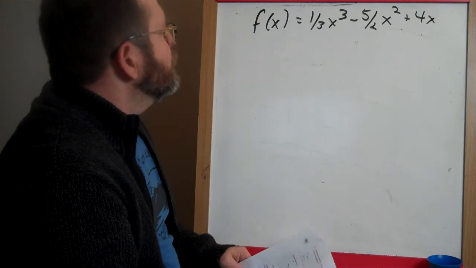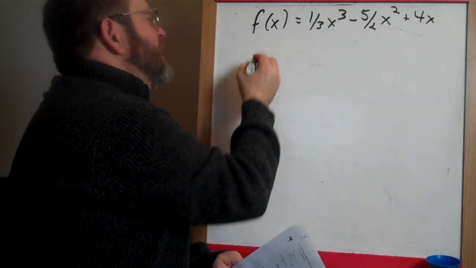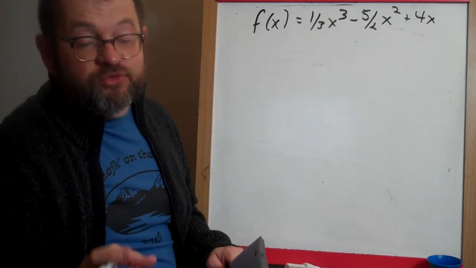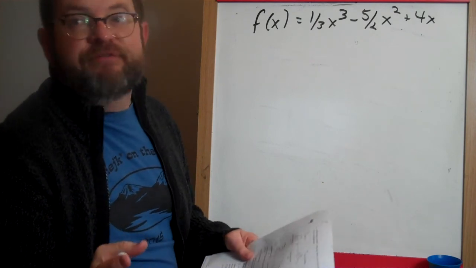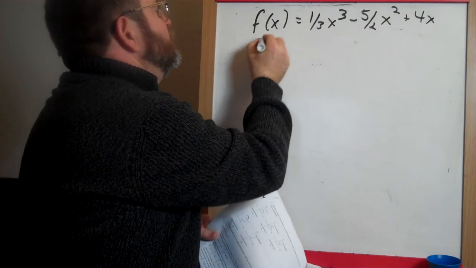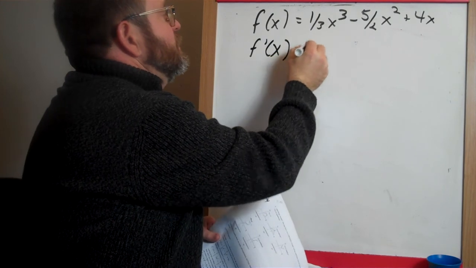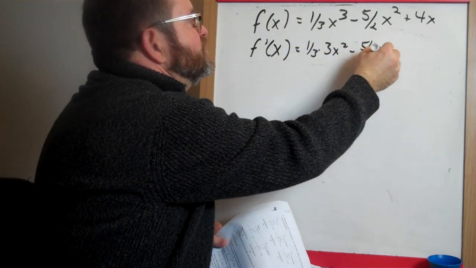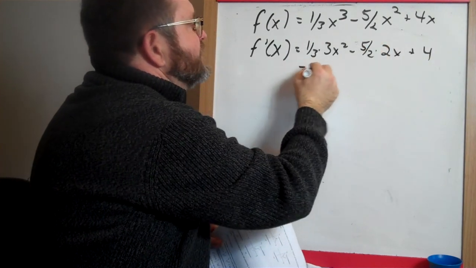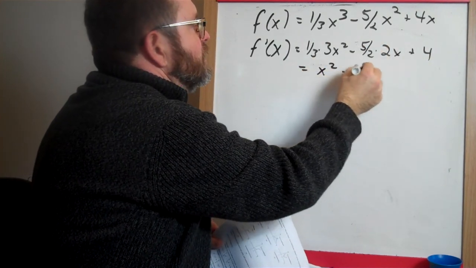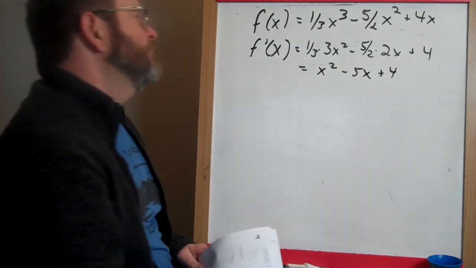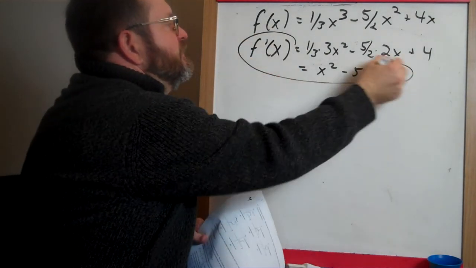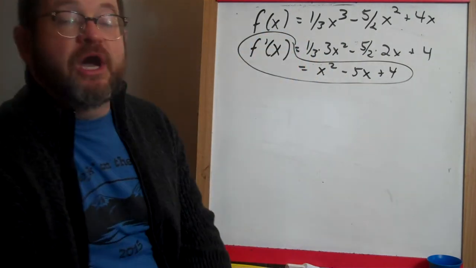Since critical points are the places where the derivative is either equal to 0 or undefined, the first step is to find the derivative. It's 1/3 times 3x squared minus 5/2 times 2x plus 4. Lots of simplification can happen here. Critical points will be places where this derivative is equal to 0 or undefined.